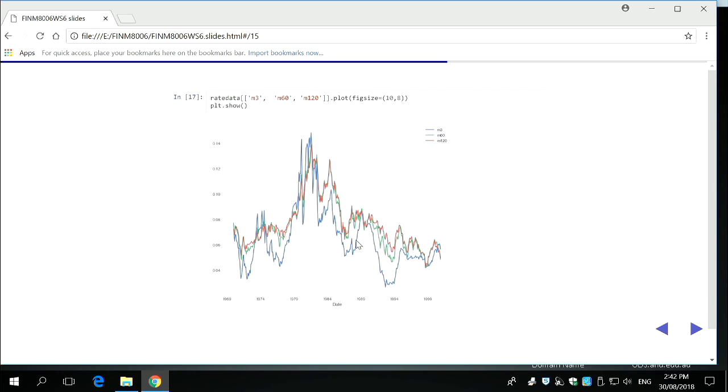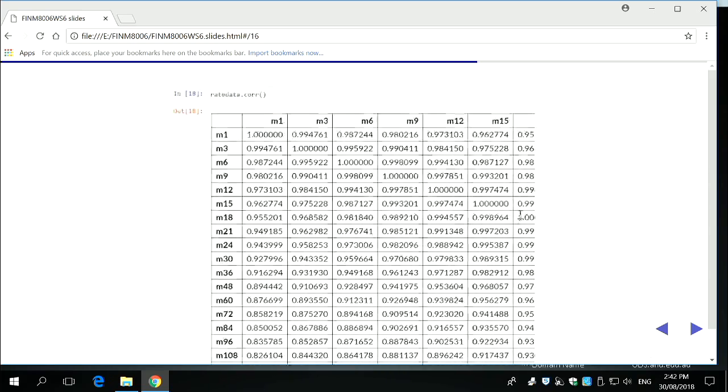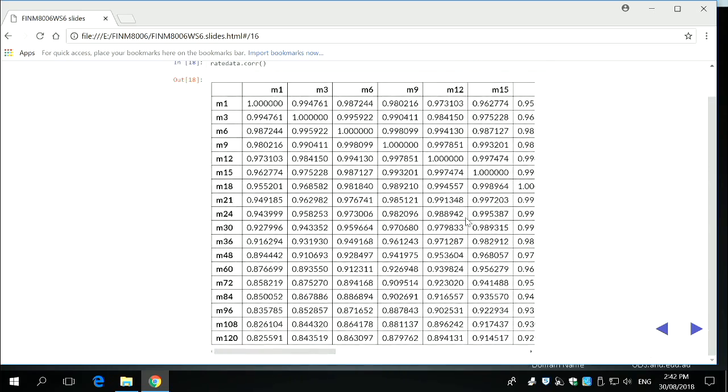These yields go mostly together, right? But sometimes the difference is wide, sometimes the difference becomes smaller. If you look at the correlation structure of them, what do you observe here?